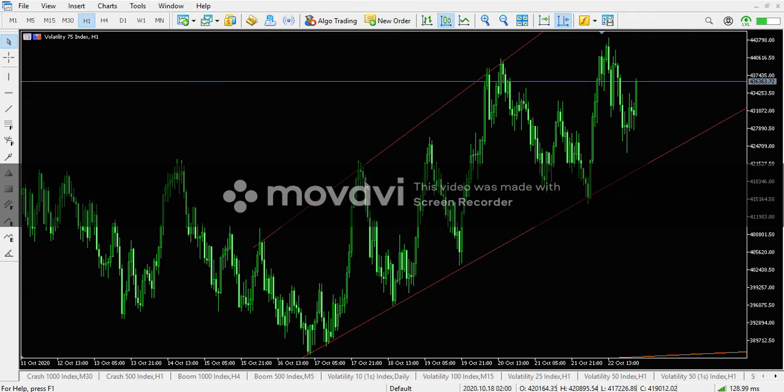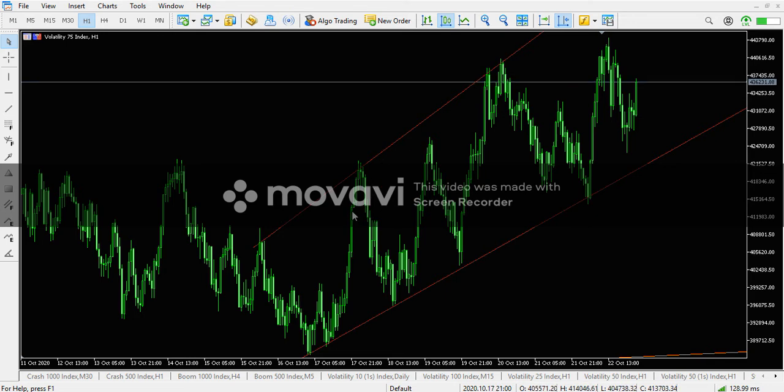So then it reversed and came down here, formed a double bottom again, and went up. This time around it didn't. What you have to know about the market is that the market is not perfect, so you just look for opportunity. Once it gets near the trend line and starts changing direction, you start looking for opportunity.